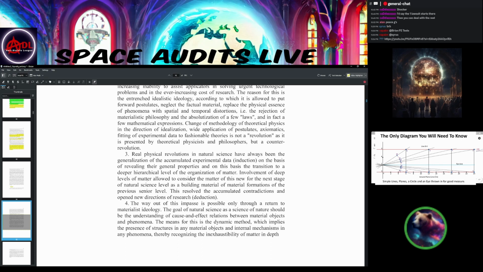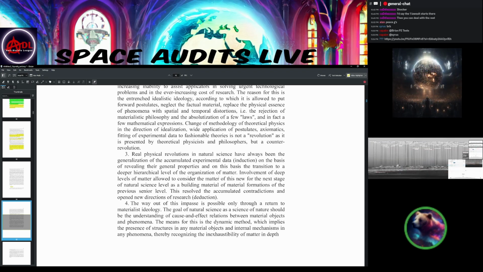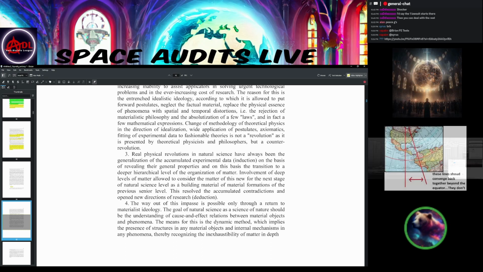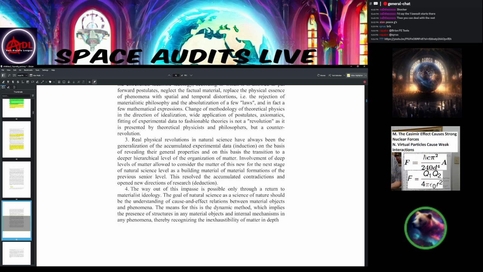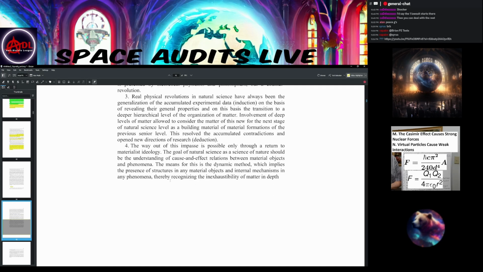Involvement in deep levels of matter allowed us to consider the matter of this new level as the building material for the next stage of natural science, formations of the previous senior level. This resolved the accumulated contradiction and opened new directions of research and deduction.